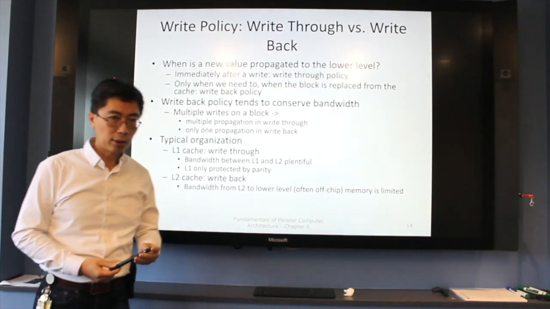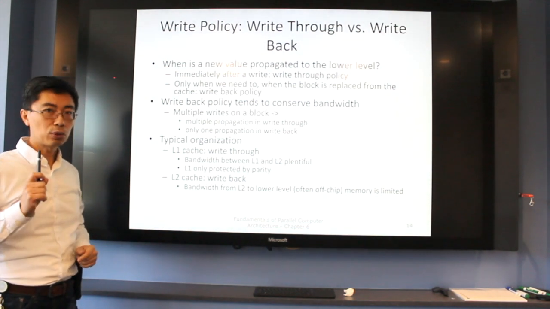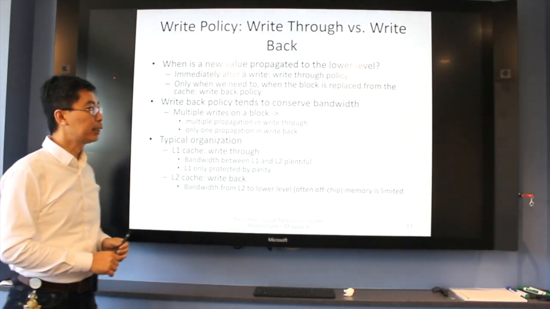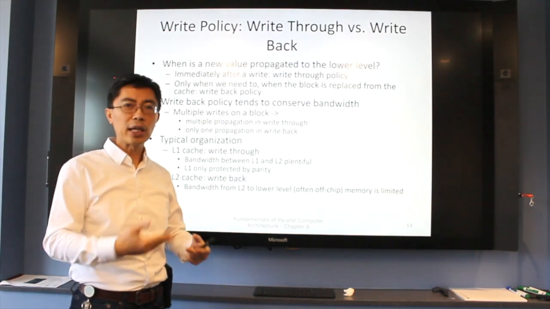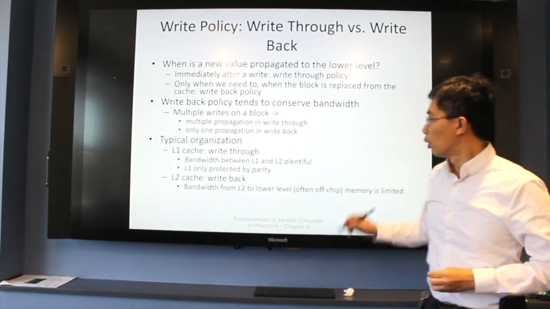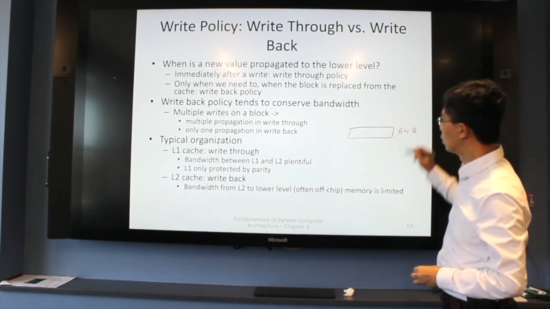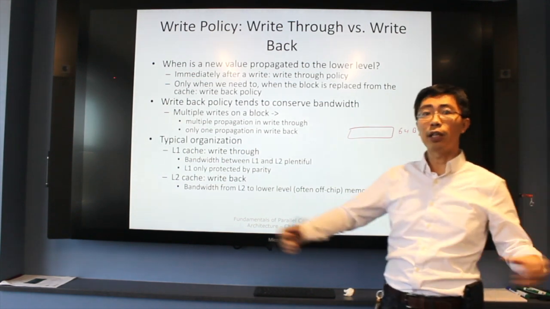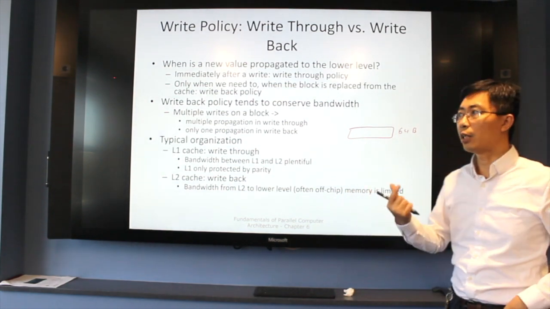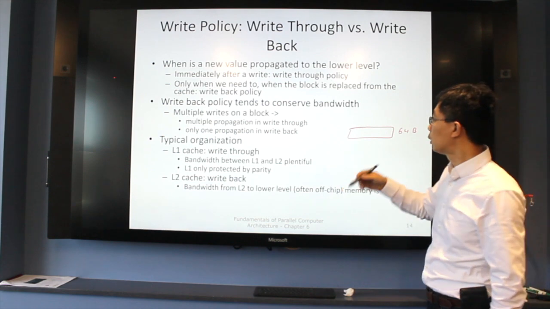What are the pros and the cons? The write-back policy tends to conserve bandwidth. The reason is that you typically have multiple writes to the same block. Imagine you have a block that is 64 bytes. If you have an array of, let's say, double precision floating point, you have 8 bytes per element.